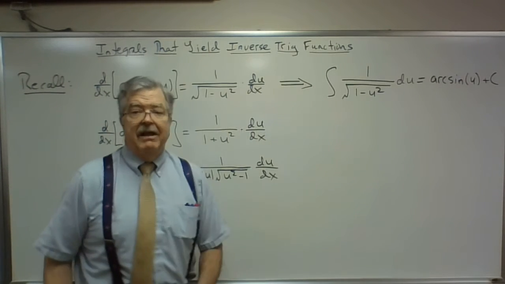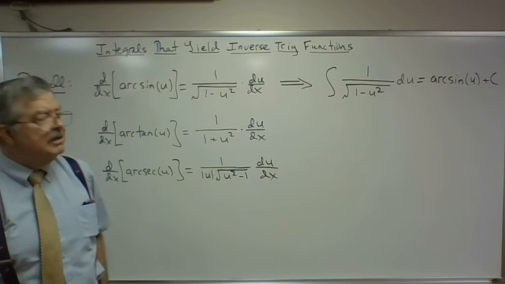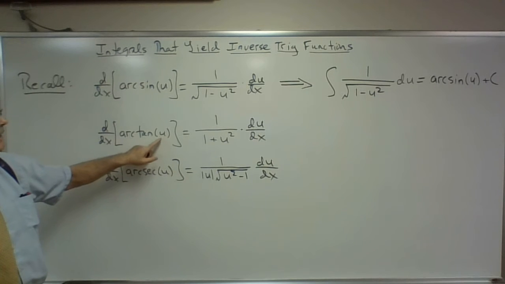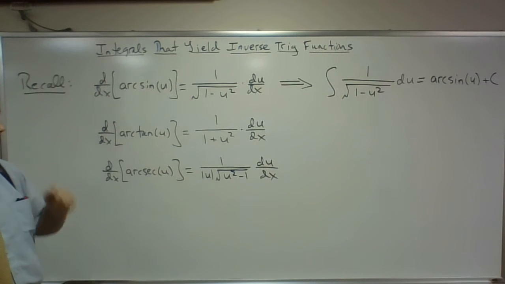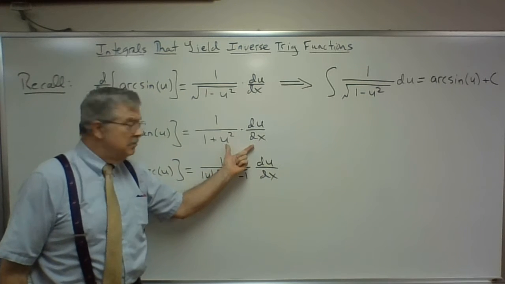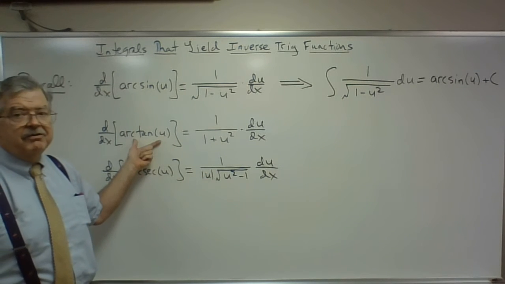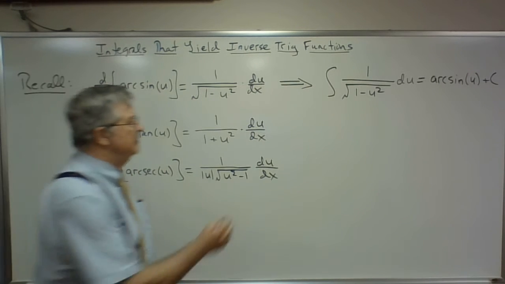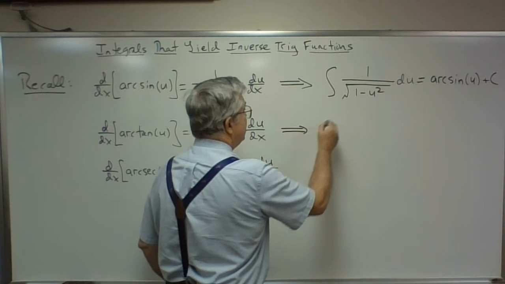And this is exactly how it turns out. And similarly with arctangent, it stands to reason that if we integrate this thing, we get the original function plus a constant. And that turns out to be true.